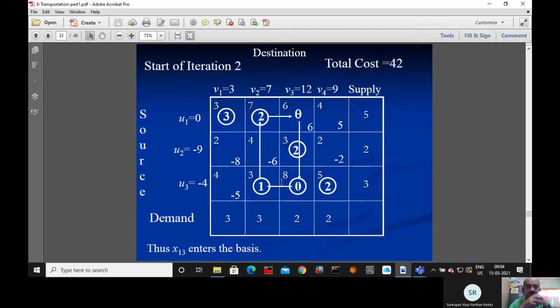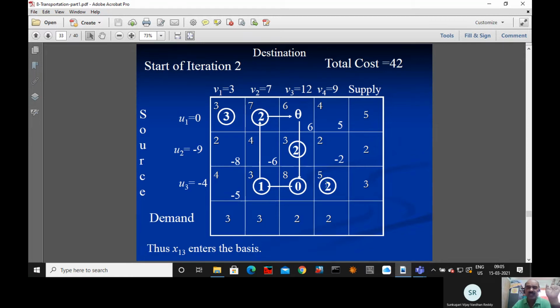Now after setting this, we have decided the basic variables and non-basic variables. Presently the basic variables are cell 11, cell 12, then cell 23, cell 32, cell 33, cell 34.